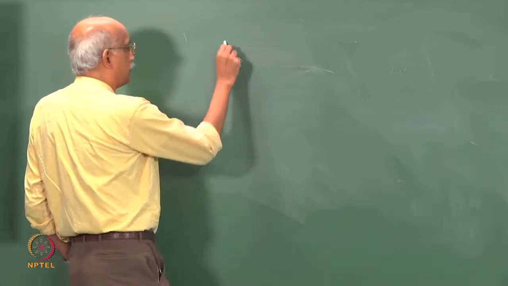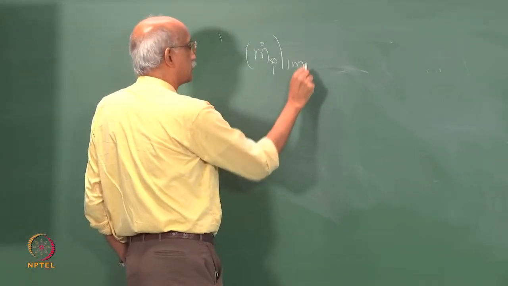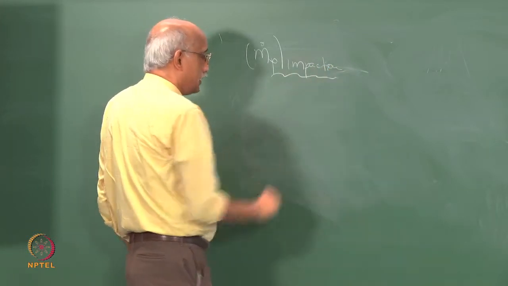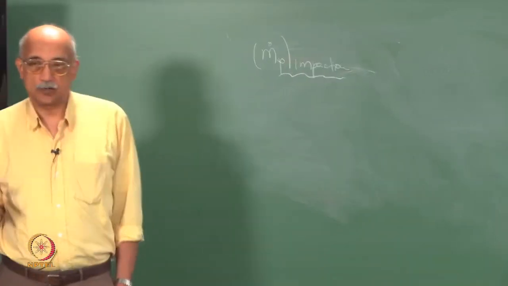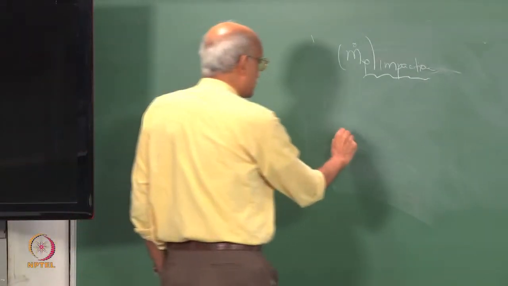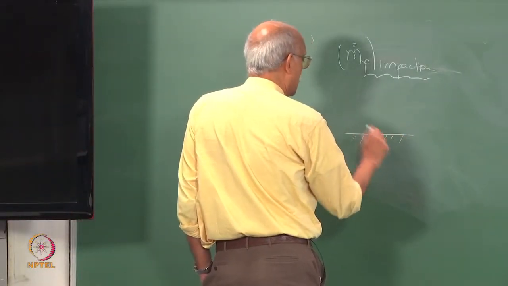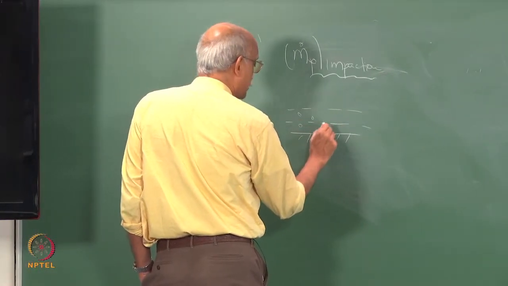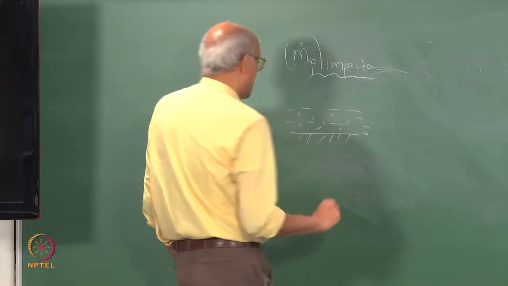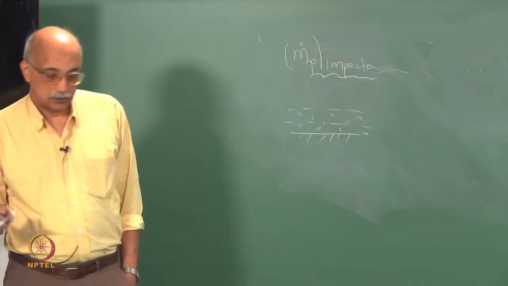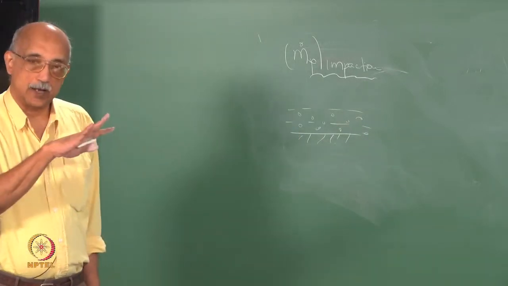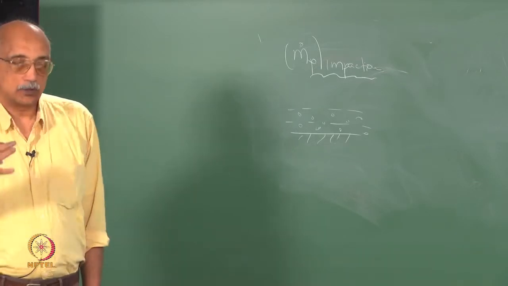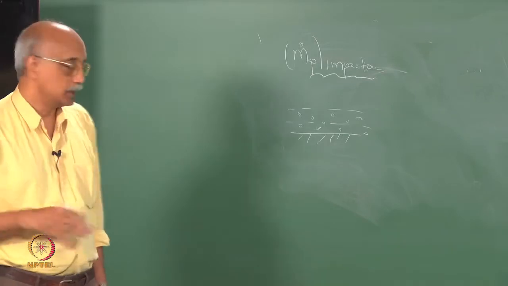So, this term mp dot impaction is obtained by looking at two parameters. If you have a surface with a fluid that is flowing on top of it or normal to it, there is going to be a net rate of particles arriving on the surface, but not all of them are going to stick to the surface, right.